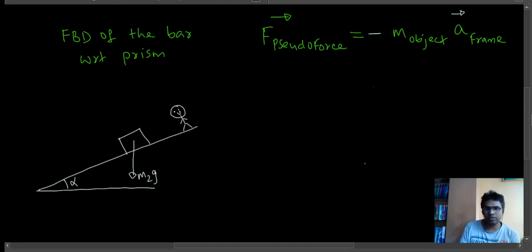The frame is accelerating to the right. So what is the pseudo force here? This pseudo force is the mass of the object, which is m2, multiplied by the acceleration of the frame, which is a1x.